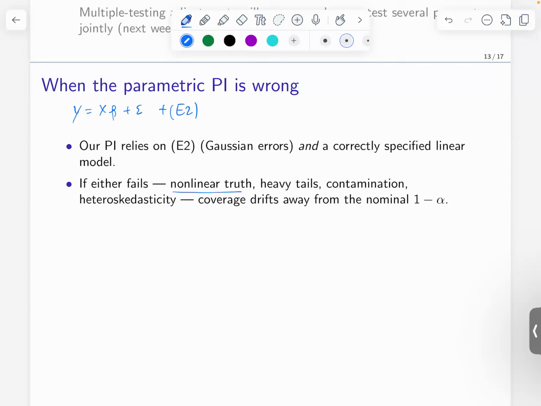Contamination: let's say a fraction of the data points are from some other model. So you have a linear model, but someone mistakenly recorded some of the data. This really happens in experiments. It could be completely junk. Some people do experiments and the device is not attached, and it just records noise.